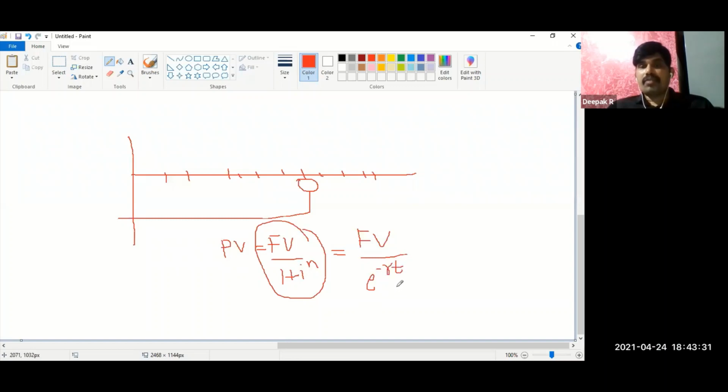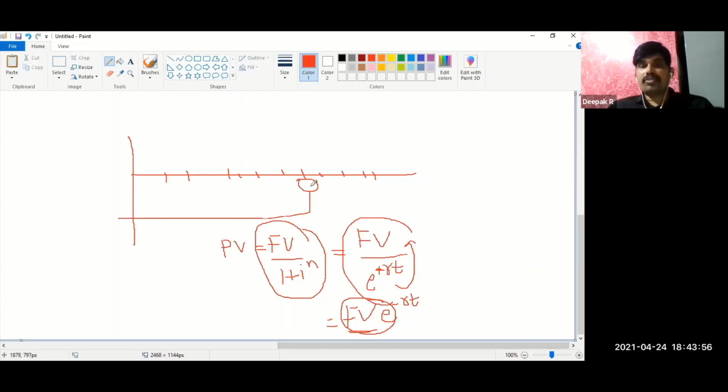Now if I take this on the top, since this is positive e power RT, and if I take it in the numerator, this becomes future value into e power minus RT.